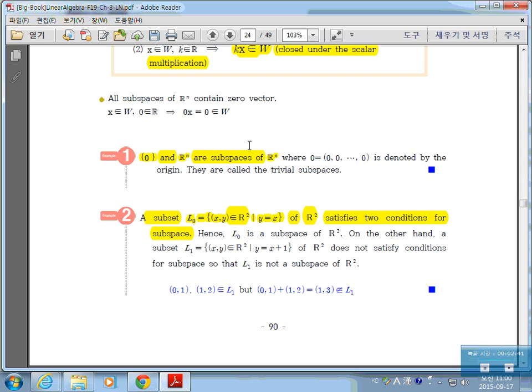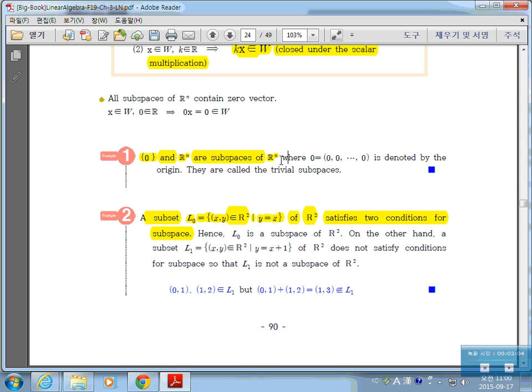Here are some examples of subspaces. The singleton set with the 0 vector is always a subspace of Rn. And Rn itself is a subspace, because if you choose two vectors from Rn and do the vector addition, it is still in Rn. So it's closed under vector addition.